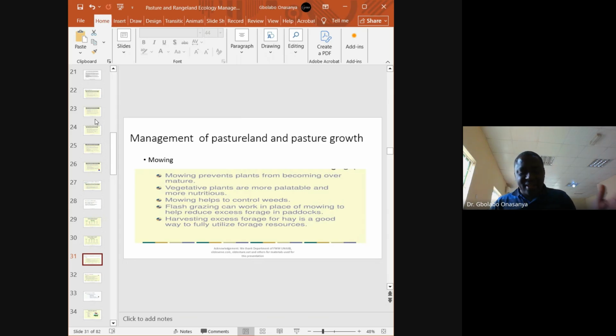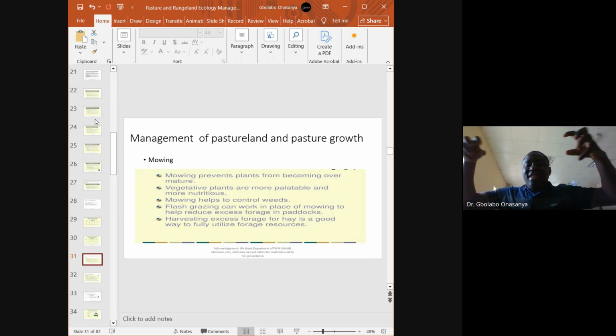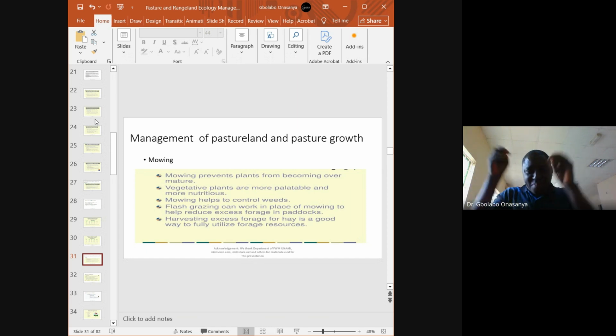A weed is a plant that is growing in an unwanted place. So what is a weed to a cattle farmer might not be a weed to a cassava farmer or a crop farmer. So even in the pasture land or grassland, we must manage them in terms of weed control.